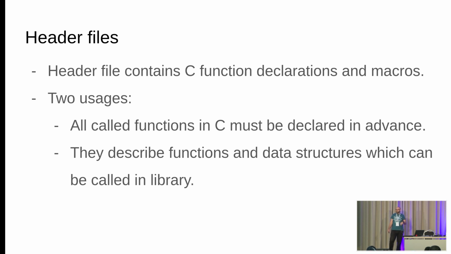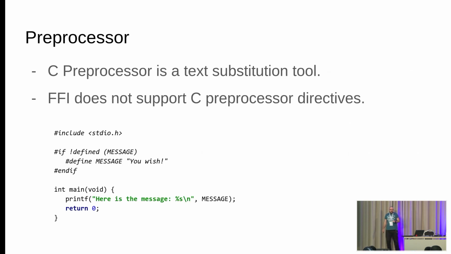Also, it describes data structures and similar things, and it's usually used when we want to call some function from the library. Also, as I already mentioned, in these header files there used to be macro definitions. These macro definitions are expanded by the C Preprocessor, which is basically just a text substitution engine.